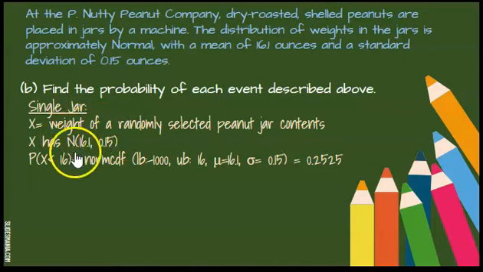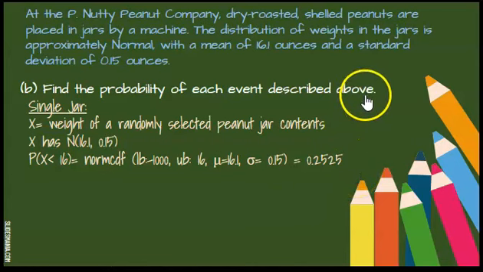So I note that. That's my distribution statement. Instead of drawing a picture, I can do this. And the question is, what's the probability that I find one that's less than 16? I've established it's normal because it told me it's normal. So I can use norm CDF with a lower boundary of negative 1,000, upper boundary of 16, the mean and standard deviation given, and I find a probability of 0.2525.